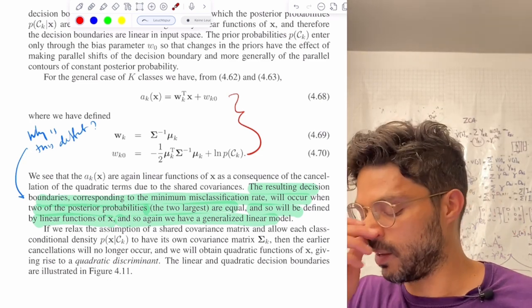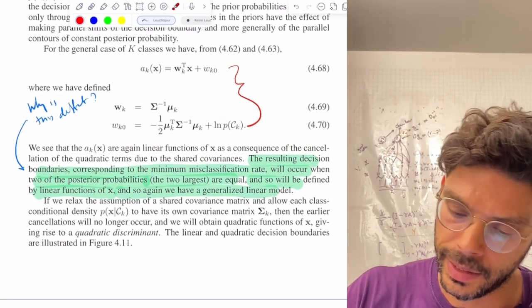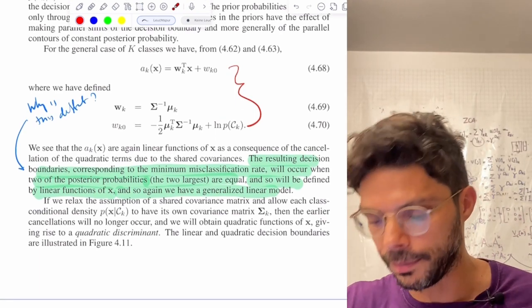I think what he's saying there is that it amounts to the same thing.